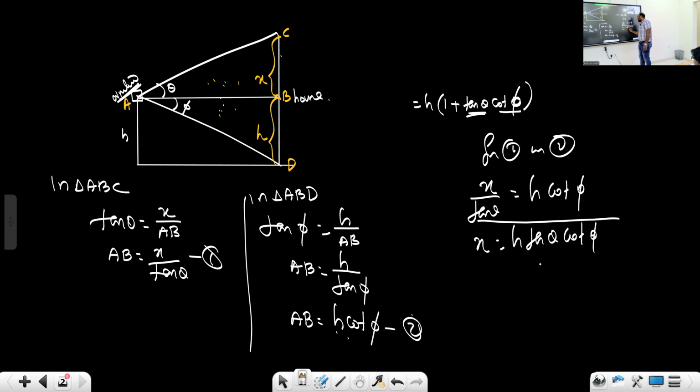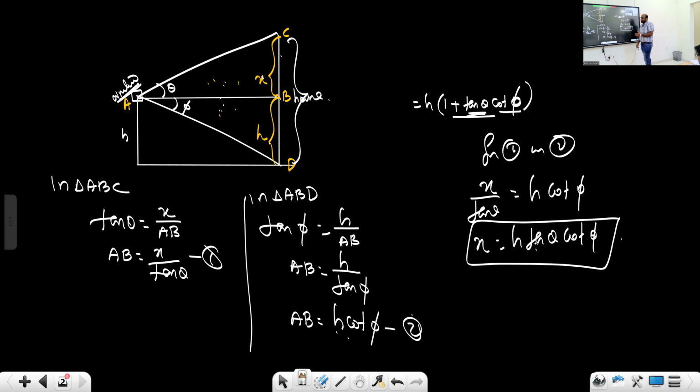This is your x, not the height. The opposite house is x plus h. Taking h common, this plus 1 will be the remaining factor. This much is clear? Write it. Don't copy from the board. Understand and proceed.